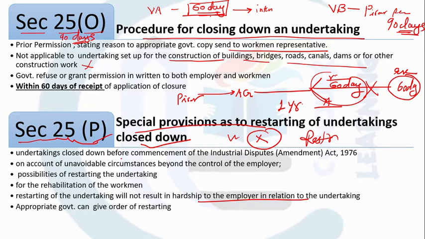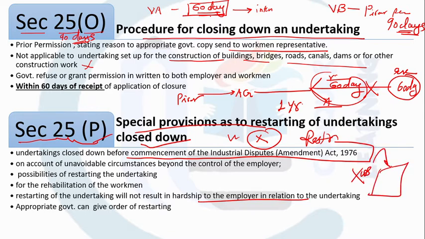So, an undertaking closed down before the commencement of the Industrial Disputes Act. It means suppose this is an industry which was closed down before the law became applicable, before the amendment happened. Actually this special provision was introduced in 1976.